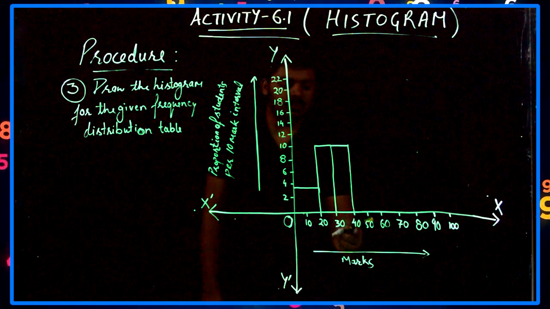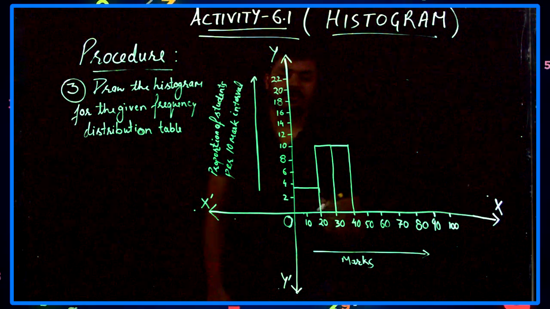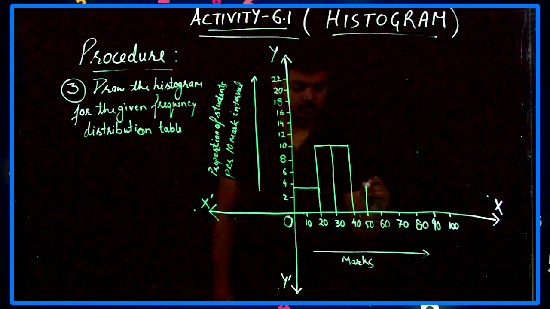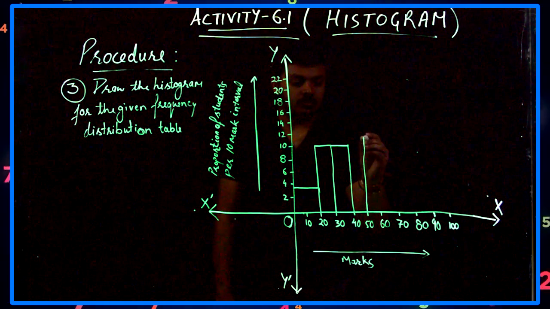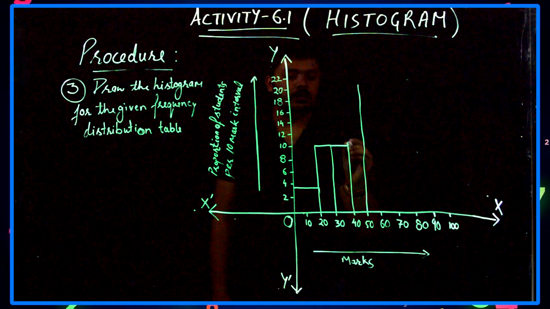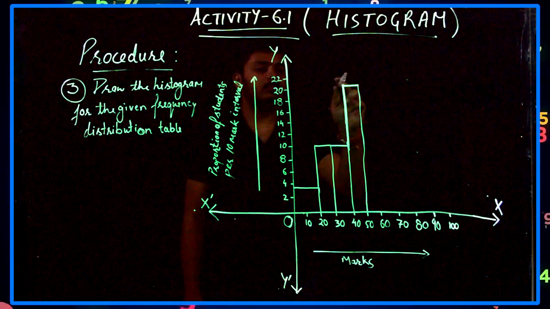Now for the class 40 to 50, the modified frequency is 20. So let's draw up to 20, extend this up to 20 and join the two.